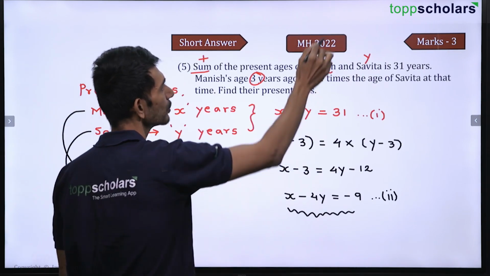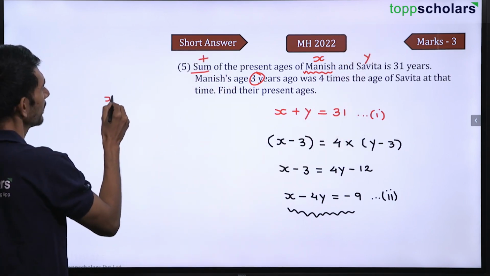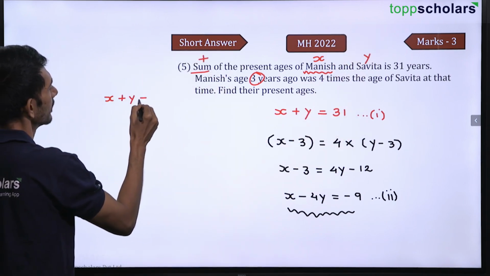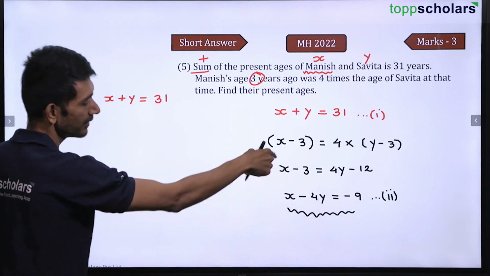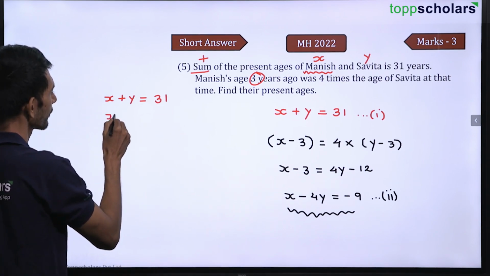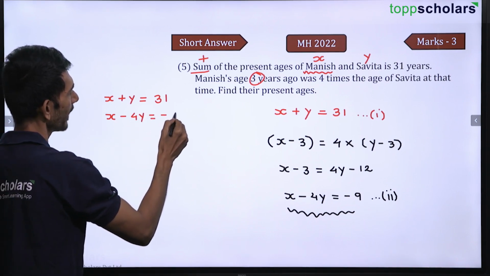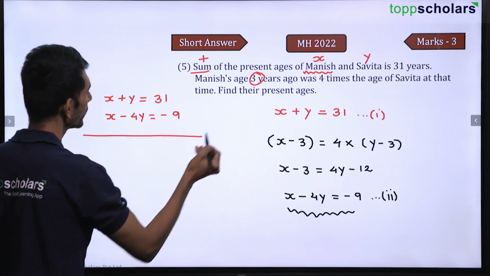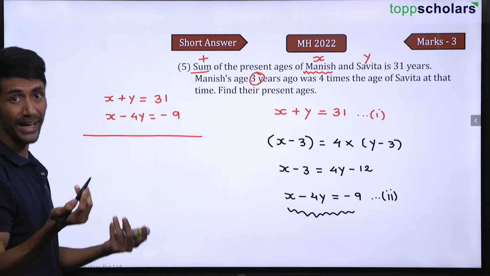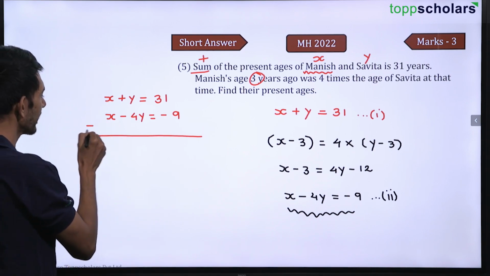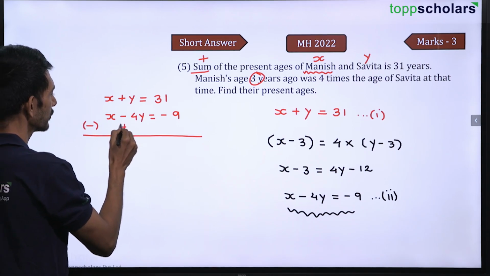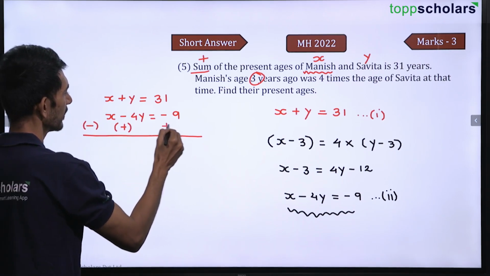That is x plus y is equal to 31. The second equation is x minus 4y is equal to minus 9. All you need to do is, you need to subtract both of them to cancel x, right? Then subtracting it, this is minus, this becomes plus, this becomes plus.